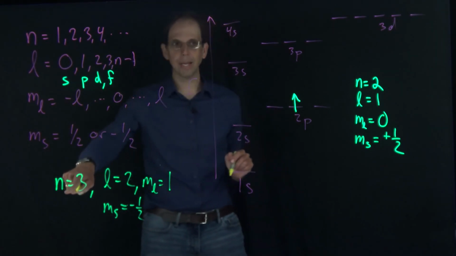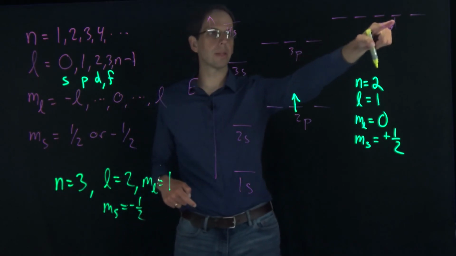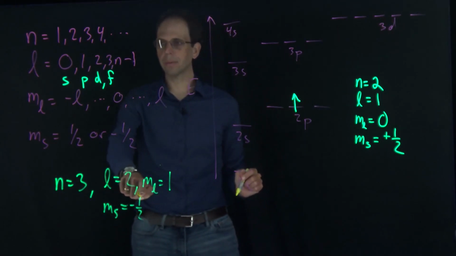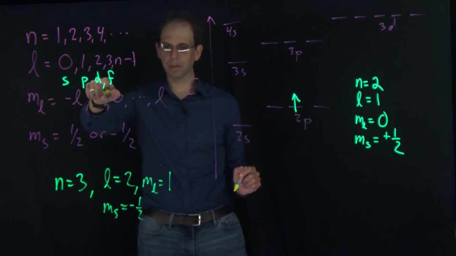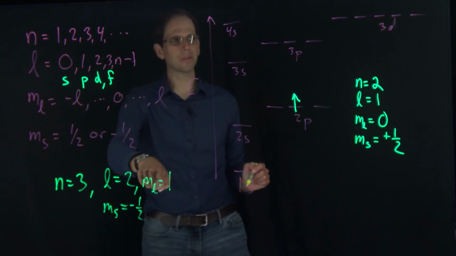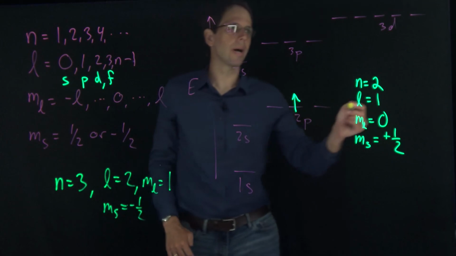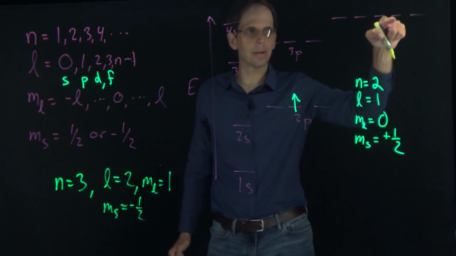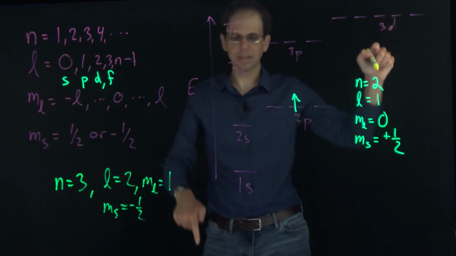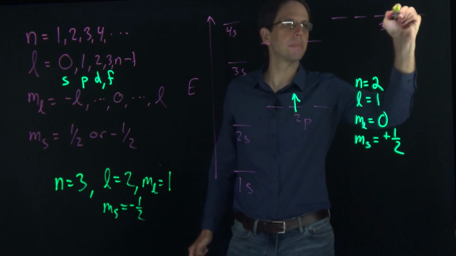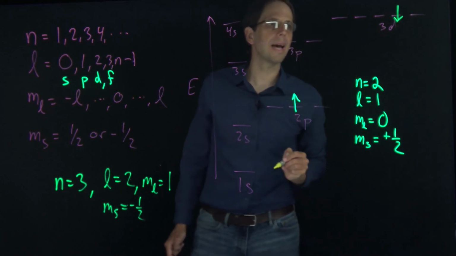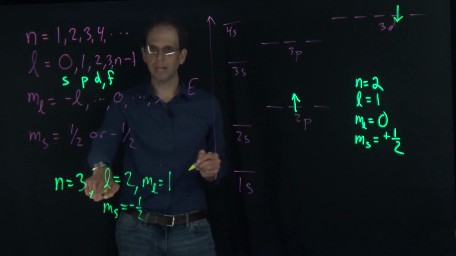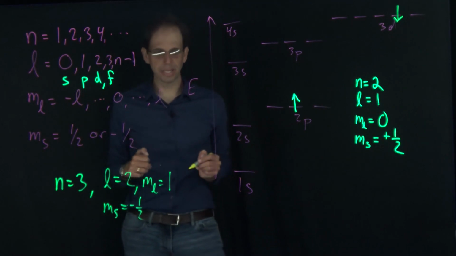Well, n equals 3 means I'm going to be in one of the 3 shells. L equals 2 means I'm in the d orbitals. m sub L equals 1 means I'm in one of those, so I'll go ahead and say it's this one here. And then m sub S equals -1/2 means it's a spin down. So that, for example, would be the electron corresponding to these quantum numbers.